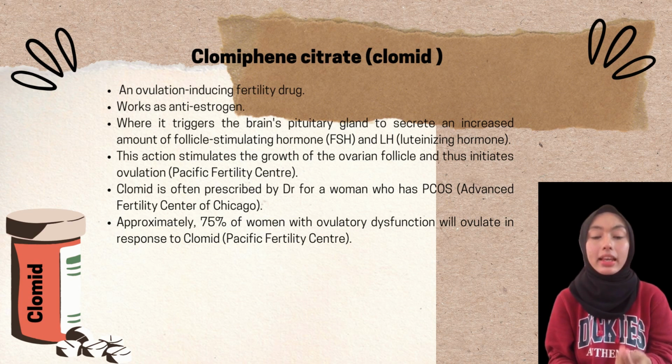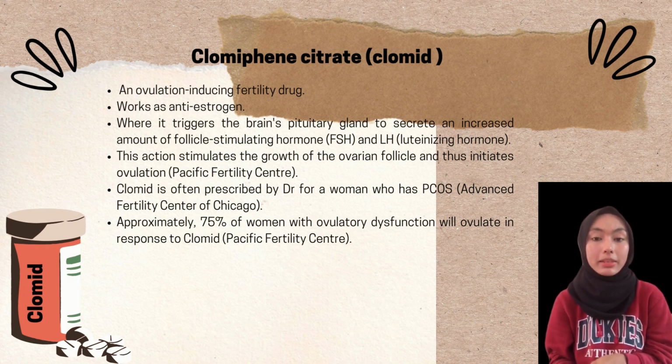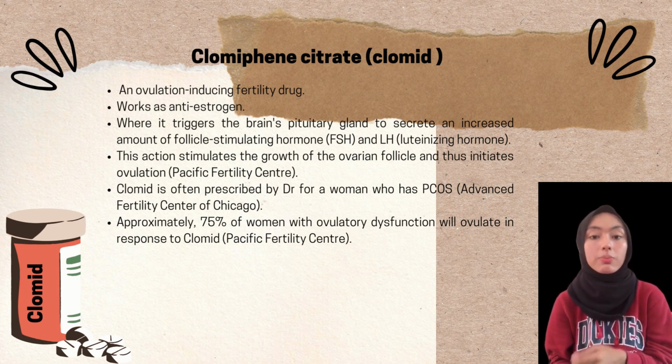Clomid works as an anti-estrogen that tricks the brain into thinking that estrogen levels in the body are very low. It does that by binding to estrogen receptors in the brain and blocking the ability of estrogen to bind to those receptors. The brain then thinks that estrogen levels are very low, so it releases GnRH hormone, which goes to the pituitary gland and stimulates the release of LH and FSH.